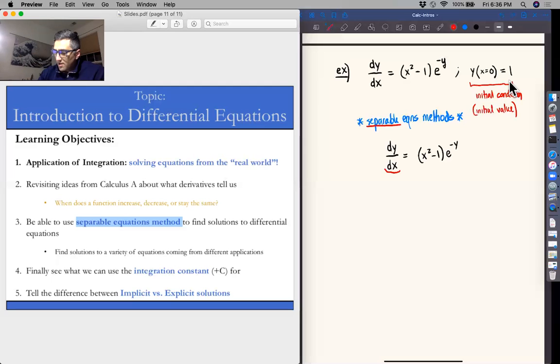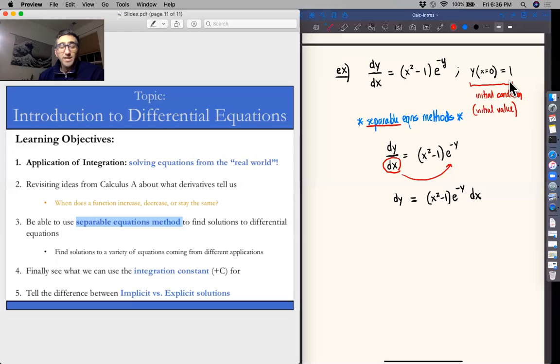So the first move we're going to make is just multiplying dx onto both sides of the equation. So we have dy is equal to (x squared minus 1) times e to the minus y, all times dx. Again, we just cross-multiplied that dx onto the right-hand side of this equation.